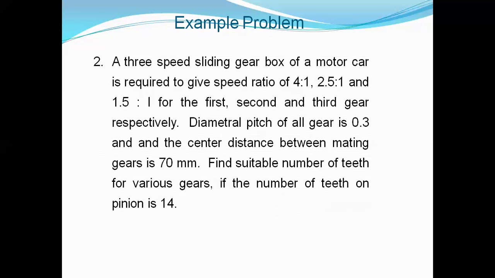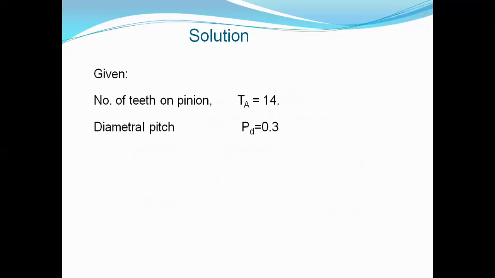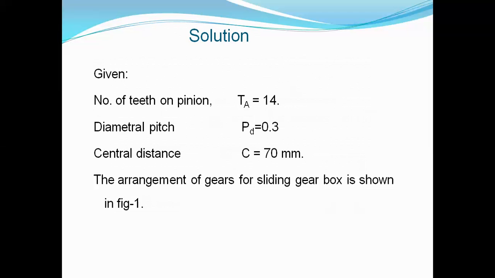Number of teeth on pinion మీద ఉన్న teeth ఎంత, 14. ఒకదాని teeth ఇచ్చేసిండు. సో TA ఇచ్చిండు 14, diametral pitch PD 0.3, central distance 70 mm. అంటే డ్రైవర్ షాఫ్ట్ కి డ్రివెన్ షాఫ్ట్ కి మధ్య ఉన్న డిస్టెన్స్ అన్నమాట. ఒక గేర్ కి ఇంకొక గేర్ కి ప్రతి దానికి ఈక్వల్ ఉంటుంది 70 mm అనేది. ఎందుకంటే డయామీటర్ పరంగా వేరు ఉండొచ్చు, బట్ సెంట్రల్ డిస్టెన్స్ పరంగా మాత్రం ఈక్వల్ ఉంటాయి అన్ని.